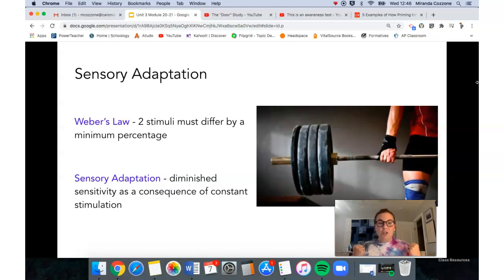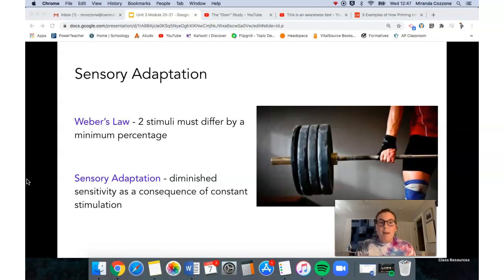So if you were to add 2 pounds to that, would you feel it? Absolutely, because it's significant. So what I'm saying is that it's not about the amount, but about the percentage of change between two different stimuli, the 1 pound barbell or the 3 pound barbell. It's about the percentage of change that will impact how much we feel it or experience it, okay? So that's really kind of what that's all about.